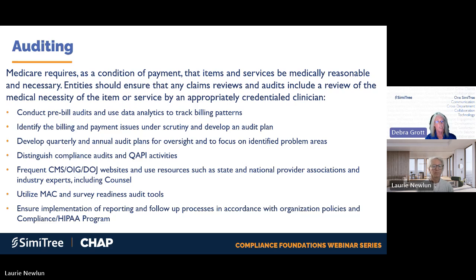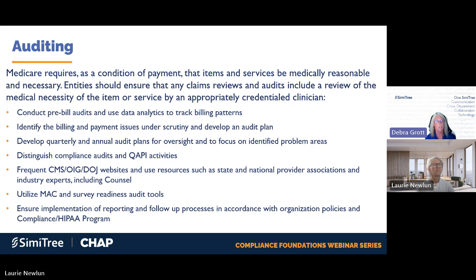Always frequent the CMS, OIG, and DOJ websites, and use resources such as state and national provider associations and industry experts, including counsel, to understand the latest and greatest things that are going on. For example, if you are in Nevada, Texas, Arizona, or California, there is a PPEO going on in those states, which means it's a period of enhanced oversight for people who are new to the hospice industry.